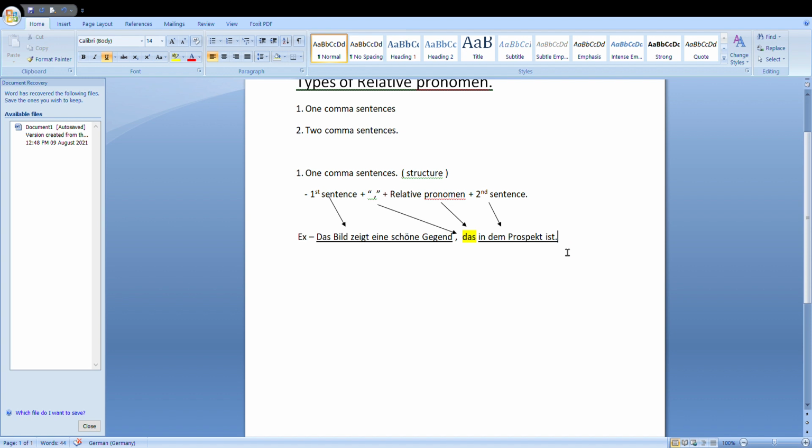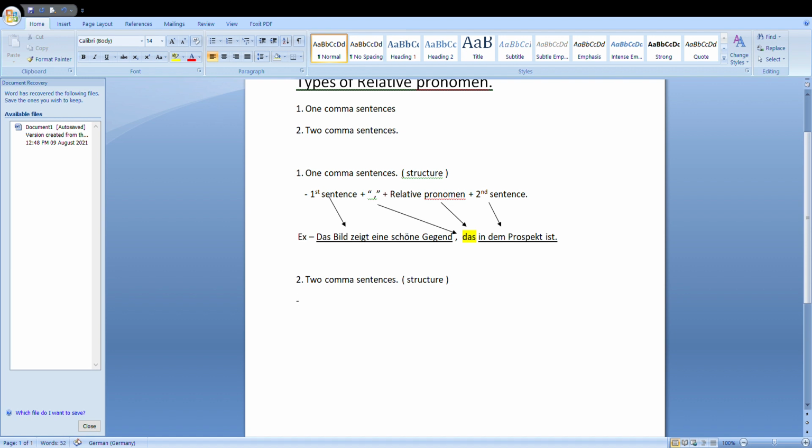Now we look at the two comma sentences structure.